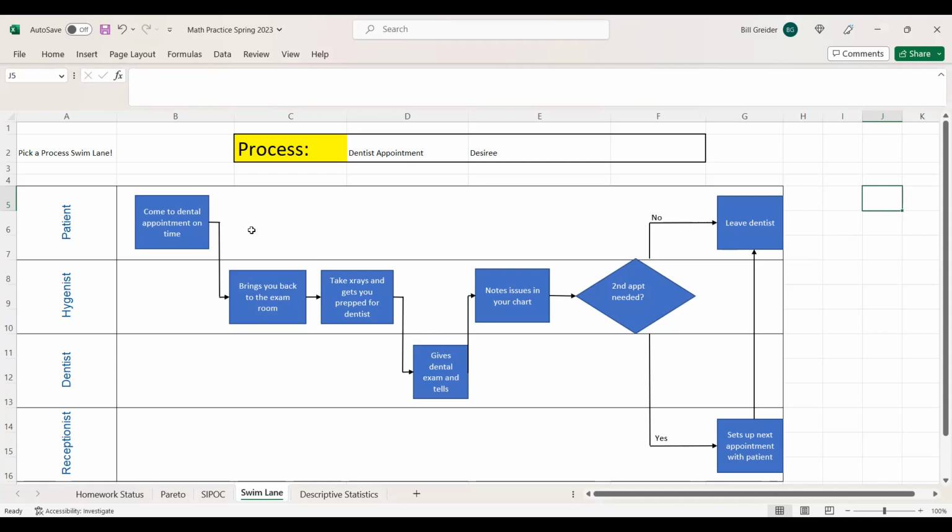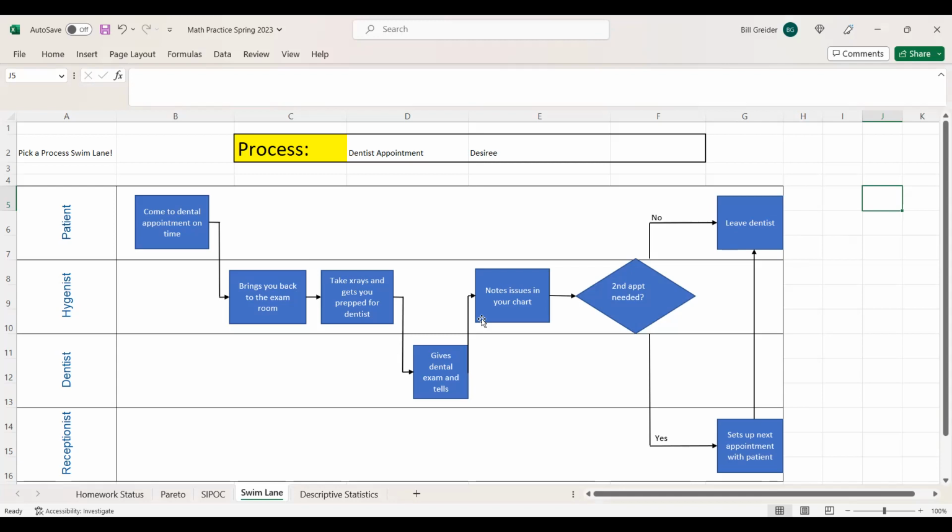In this case, the value added work is getting my x-rays done really, I guess the exam kind of, but eliminating all the waste of waiting. So when we make improvements after doing a map like this, we're just looking at the handoffs and how long they take. And then you say, well, why do we have to hand that off to someone else?